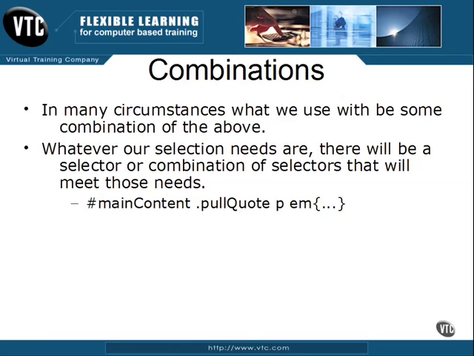So this selector with the combination of ID, class, and type selectors is a good example of a good practice to get into for selecting your elements, because what we have here is a general content region called main content, and then we have something in there called pull quote.